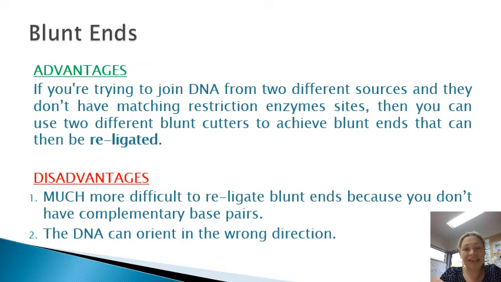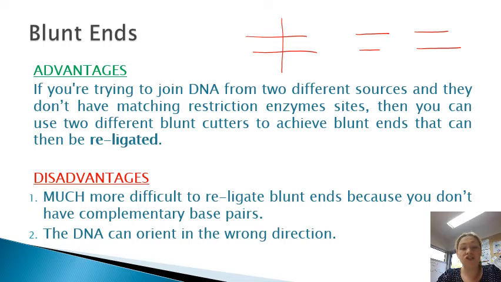With the blunt end cutters, the ones that cut the DNA strand right in the middle, some advantages of that is if you're trying to join DNA from different sources and you don't have matching restriction enzyme sites, you can use these. A disadvantage is it's much more difficult to stick these or religate these back together because you haven't got any of that overhang.